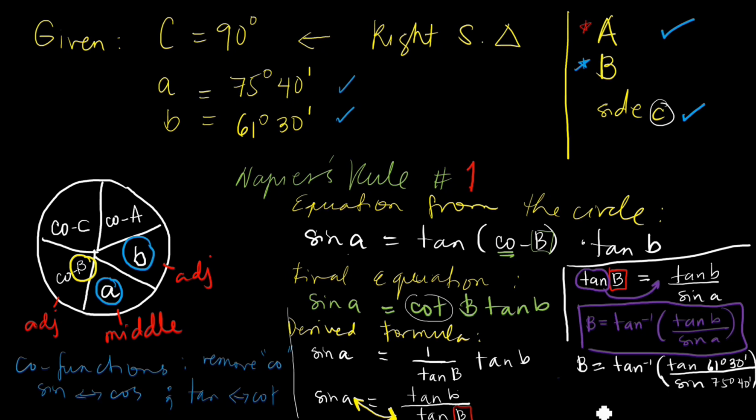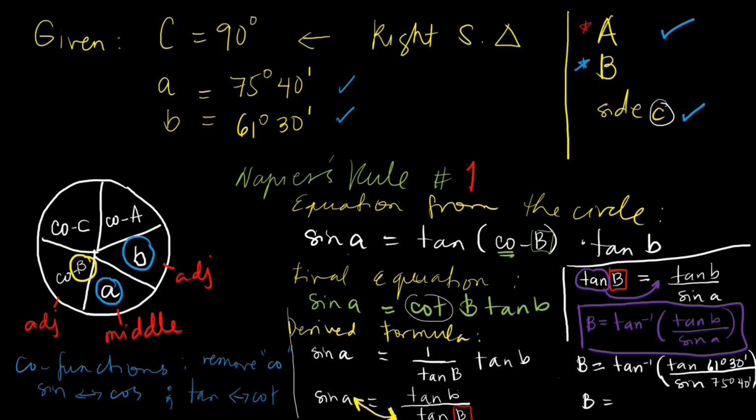Then just use your calculator. Be sure that you are in degree mode. So arctangent of tangent 61 degrees, use the DMS, divided by sine of 75 degrees 40 minutes, close parenthesis. The answer in the calculator is 62.25 degrees.